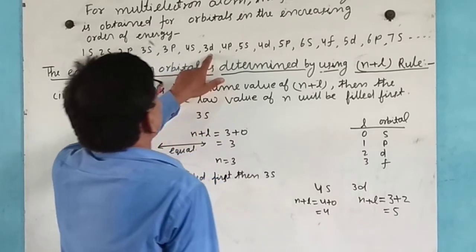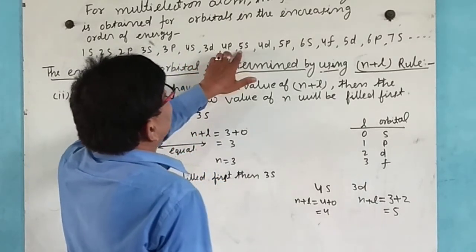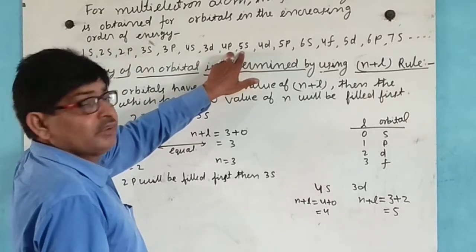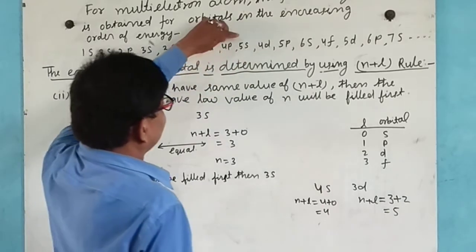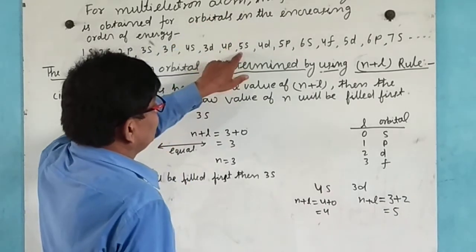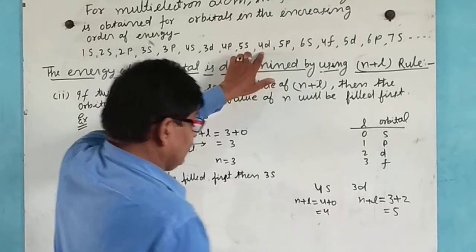Now here 4p and 5s can also be taken up. Take 5s and 4d.